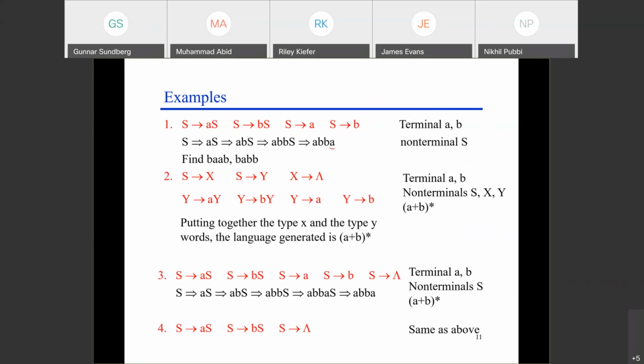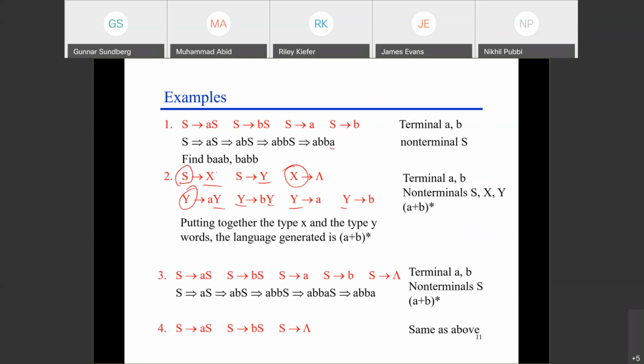How many non-terminals do we have? We have S, we have X, we have Y, and all these are S, X, Y. You just consider these non-terminals once, distinct. Do not repeat that. So we have three non-terminals, S, X, and Y.